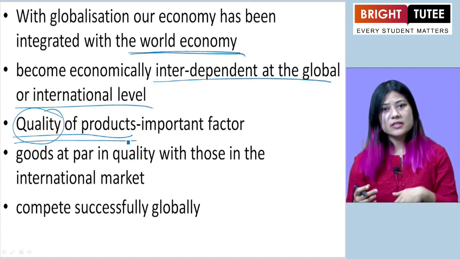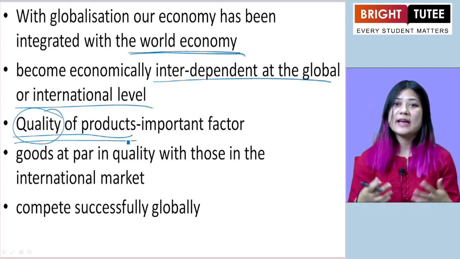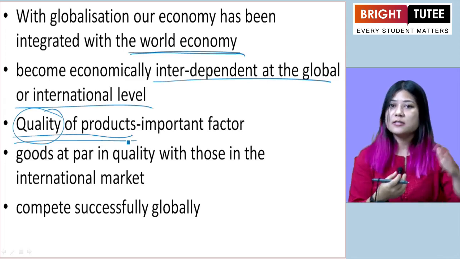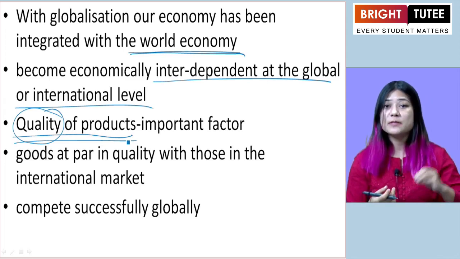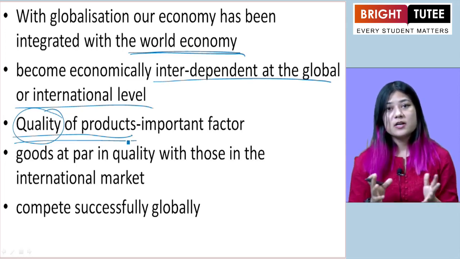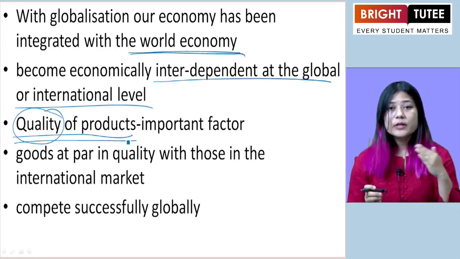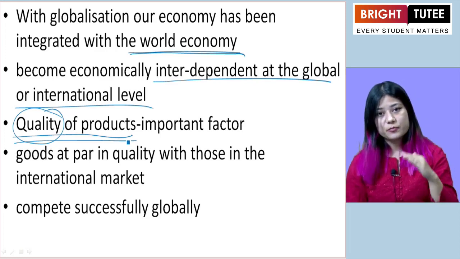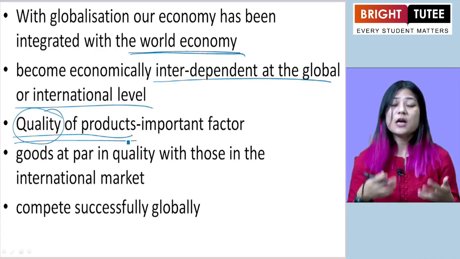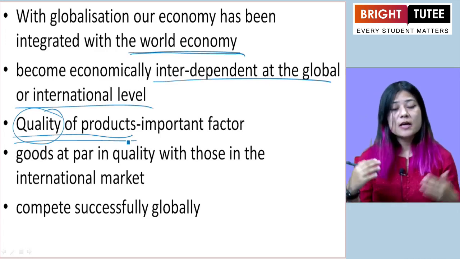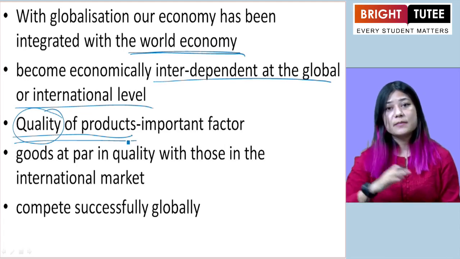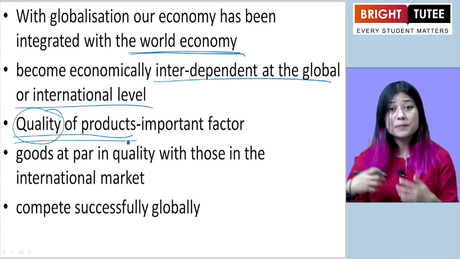If they are below the standard, then they may not find a market, or may not be requested by other countries. They may not find people who are ready to buy them. So only when the products are of good quality, only when they meet the standard announced by different countries at an international level, can they be sold, traded, and purchased.